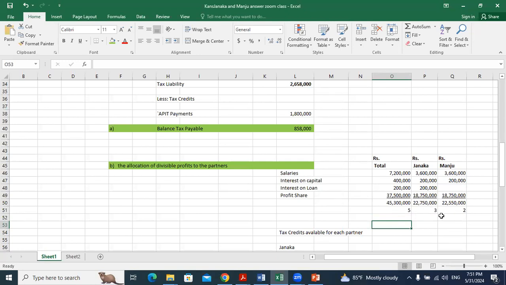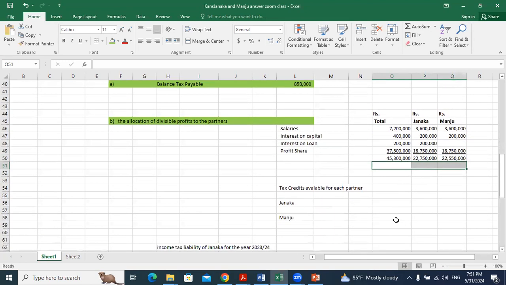Therefore, you just divide this using this ratio. Instead of 5:3:2, you have some other ratios. Using that ratio, you just do the calculation. Something like this.